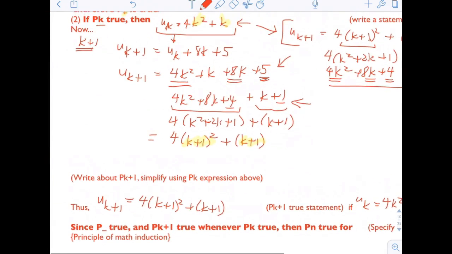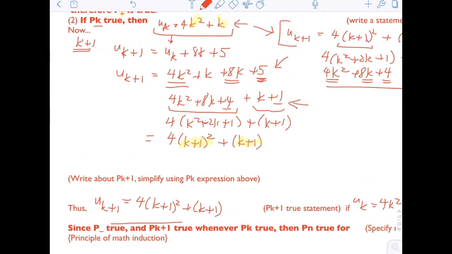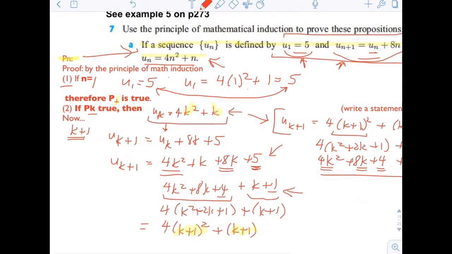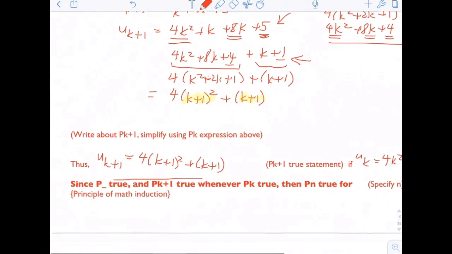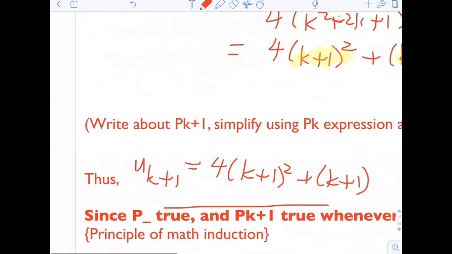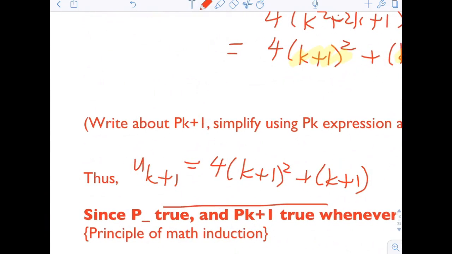And as part of the k plus 1 statement, of course, we got all this other stuff about u1 being 5 and un being blah, blah, blah, right? So we got u1 is 5, u subscript k plus 1 is equal to blah, blah, blah.